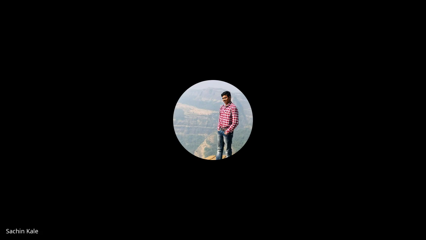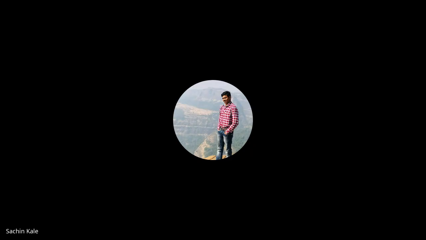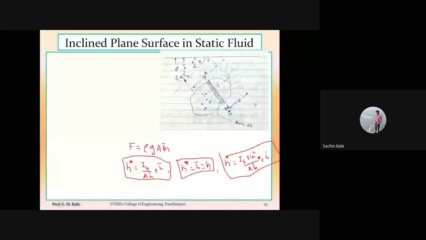So by using these formulas of F and formulas of h star, for horizontal plane surface, vertical plane surface, and inclined plane surface, we have to solve the problem. Are you getting? So now we are going to solve the problem. But before solving the problem, you should know each and every term.